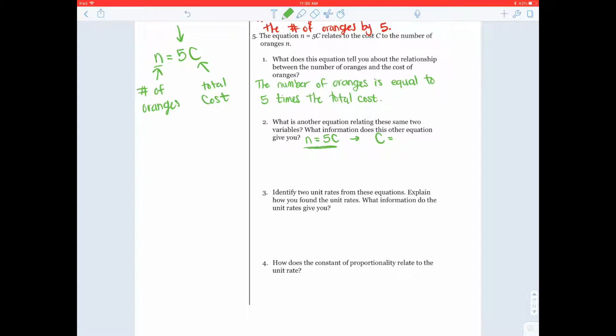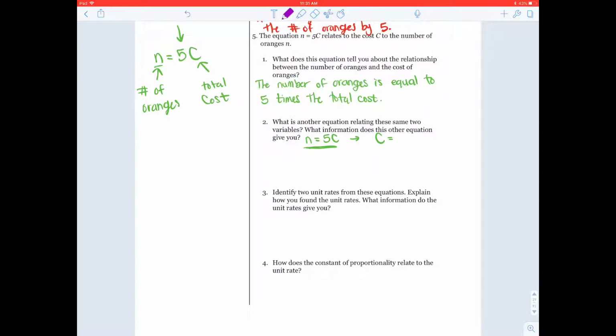I read this equation, the one I underlined, as 5 times a number c is equal to n. So I need to multiply some number by 5 in order to get n. Well, how do I figure out what value c is? This might be a little confusing right now.